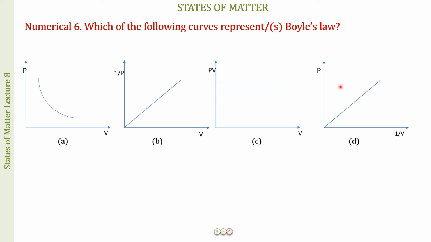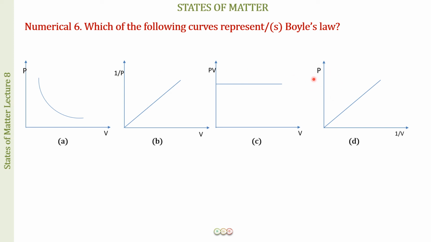The next graph was pressure and 1 by V. Again this graph we have done. This is a straight line graph, which is passing through the origin, and this is also correct. Now coming back to this graph and this graph, they are essentially the same.